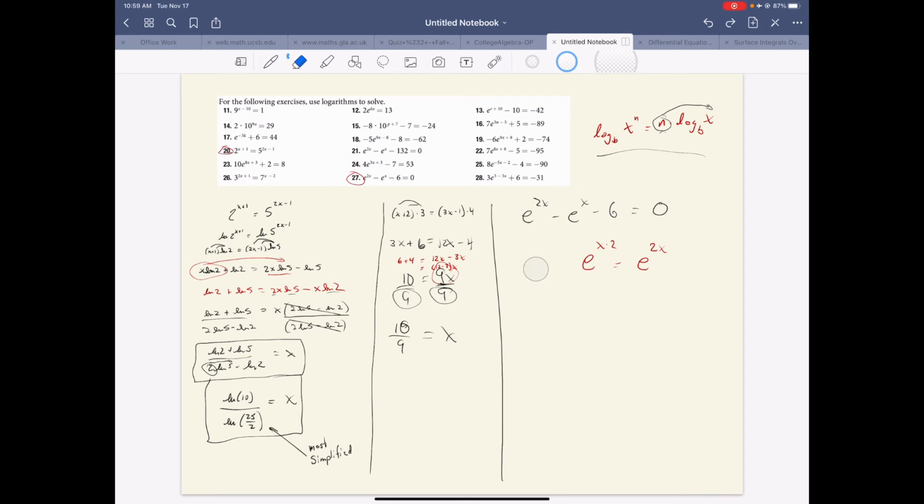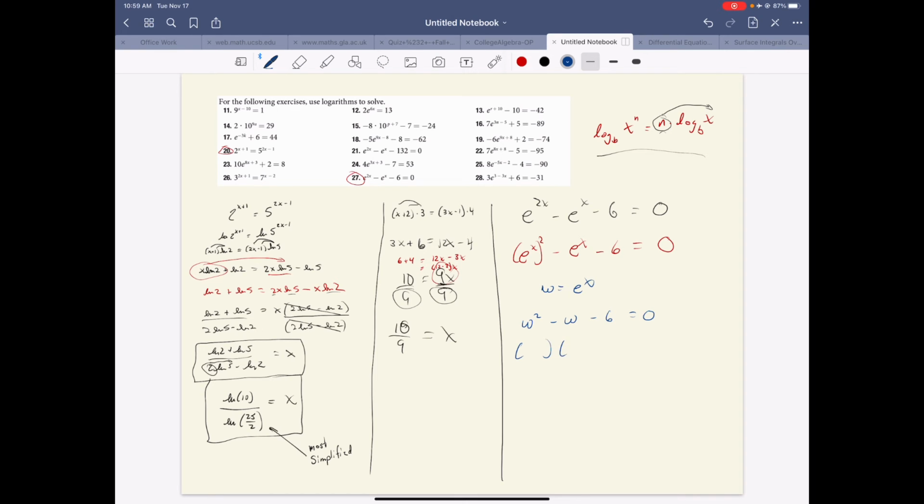And so, if I erase this, this is really e to the x squared minus e to the x minus 6 equals 0. And we've talked about this earlier in the term. We talked about things called hidden quadratics. And with a hidden quadratic, you could do this. I don't like this, but if I said, let's let w equal e to the x, well, then this would be w squared minus w minus 6 equals 0.